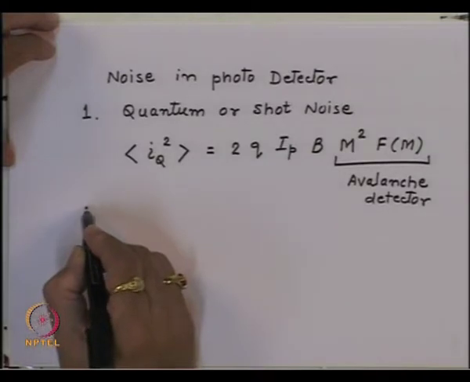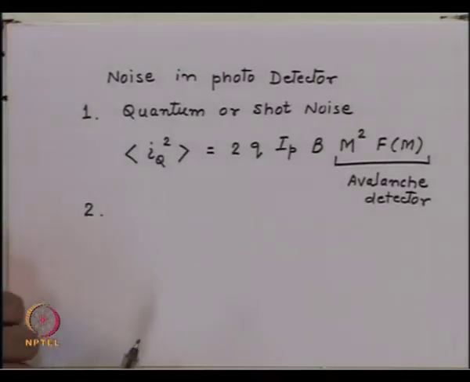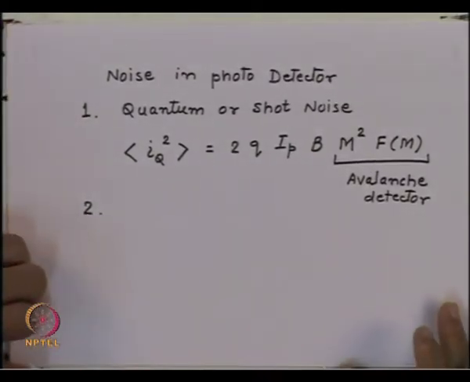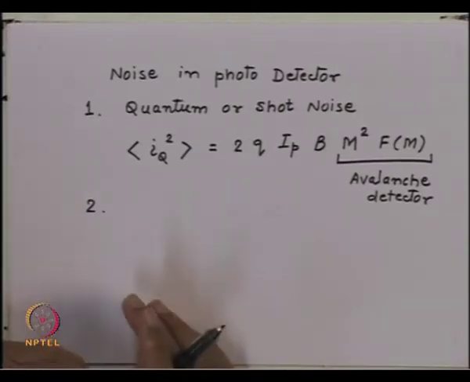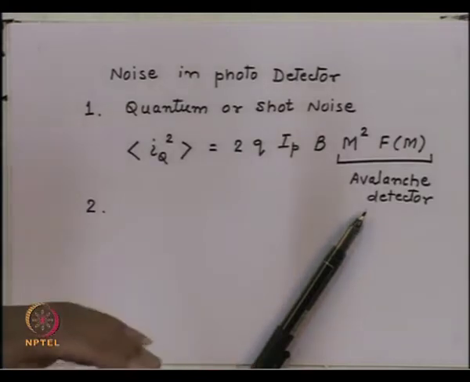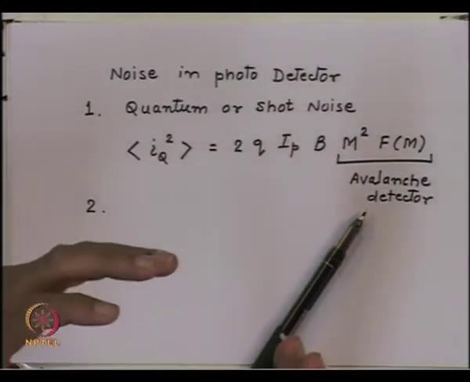The second noise which is generated is what is called the dark current noise. Now, note here, when we are talking about a detector, the light which is falling on this is not only the one which is coming from the optical fiber. That will be the ideal situation, that only light which comes from the optical fiber, which is signal, should fall on the detector.